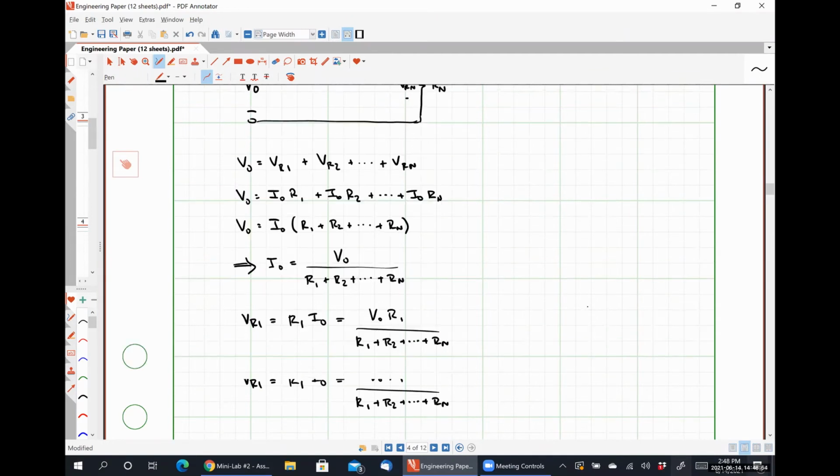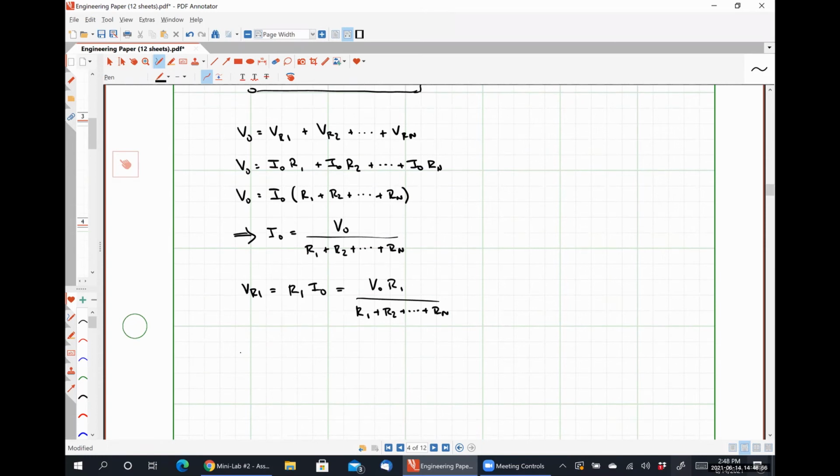plus R sub n. Similarly, the voltage drop over resistor R2 would have to be R2 times I naught, which would just be V naught times R2 divided by R1 plus R2 plus all the way out to Rn.